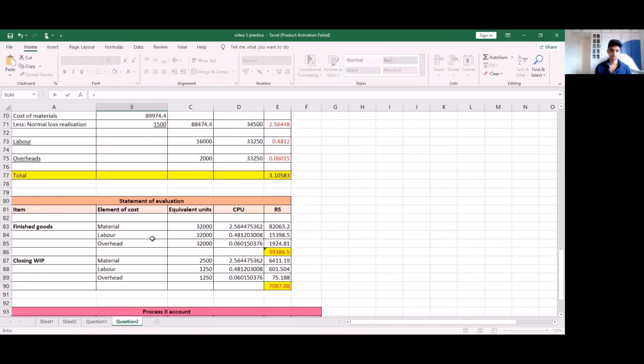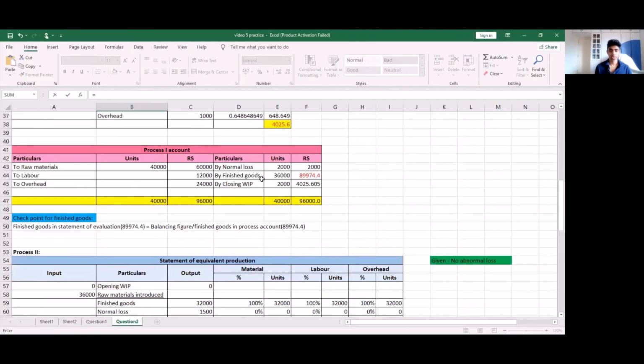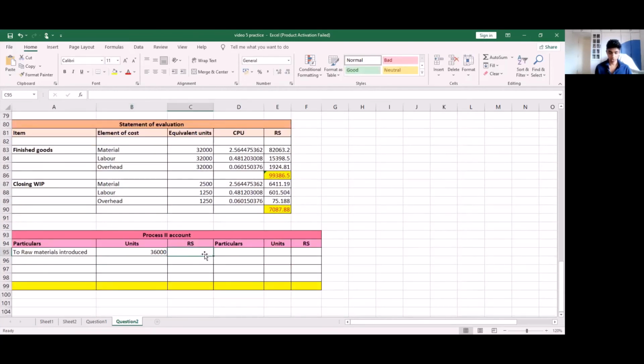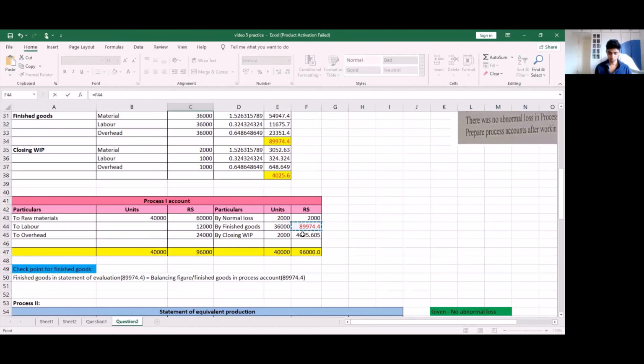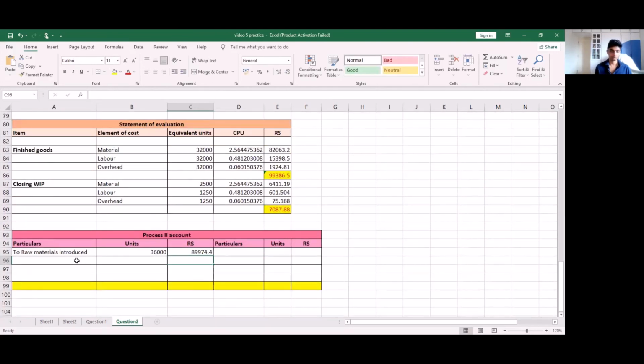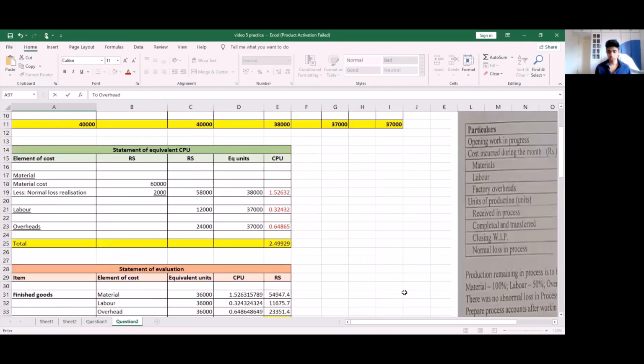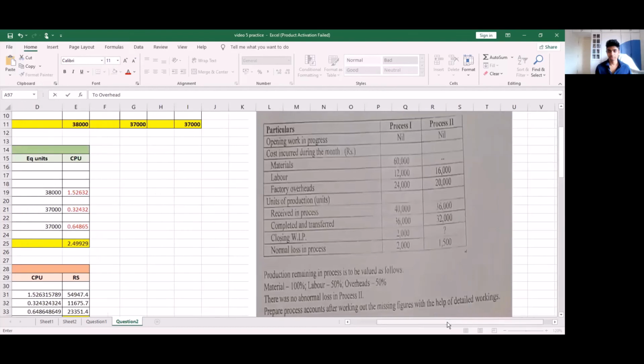So our units is going to be 36,000 and the amount is going to be 89,974.4. Next, we have our other expenses such as labor expense and overhead expense. In our question, we are given that labor expense is 16,000 for process 2 and factory overhead expense is 20,000 for process 2.